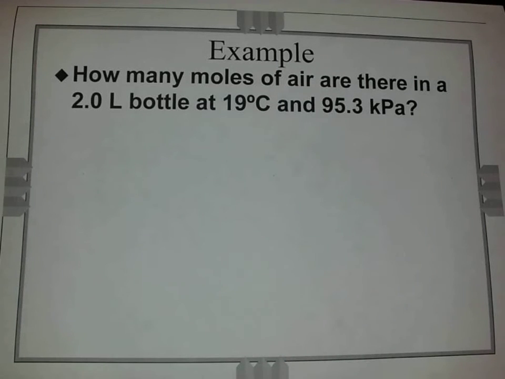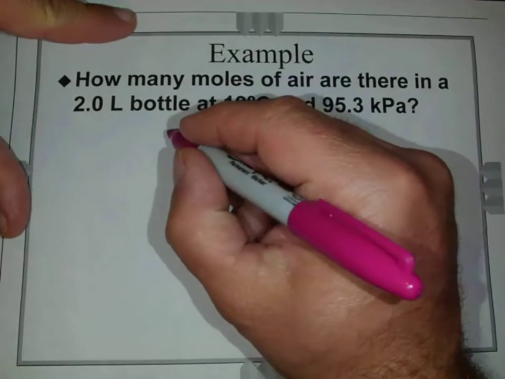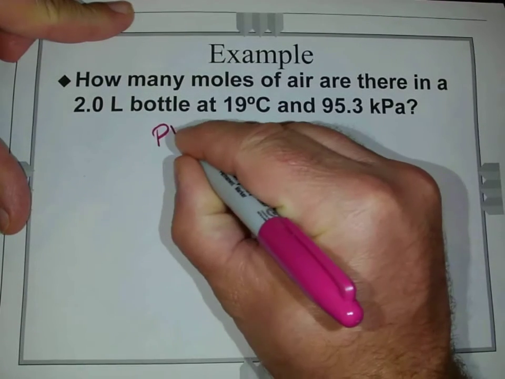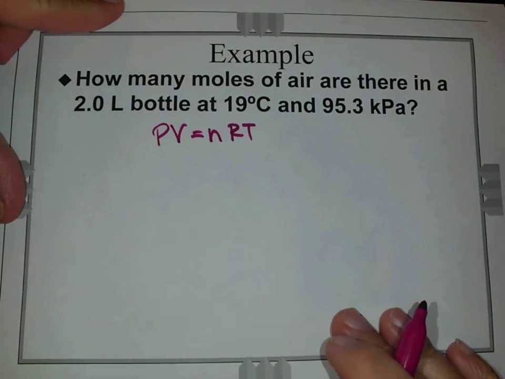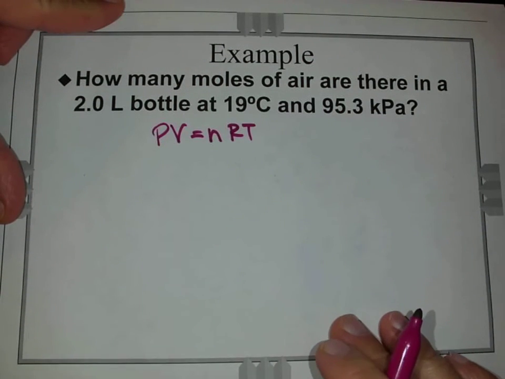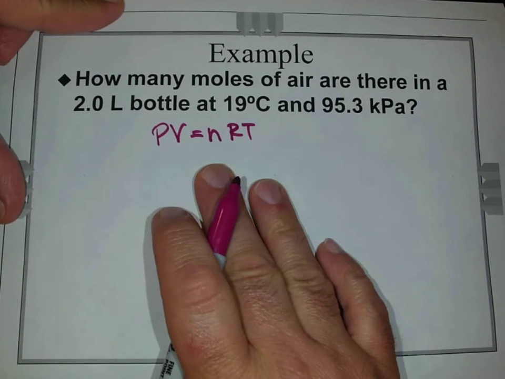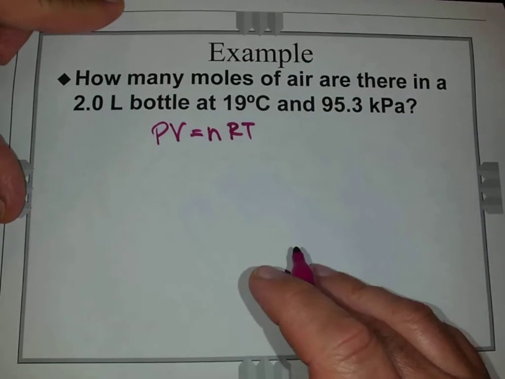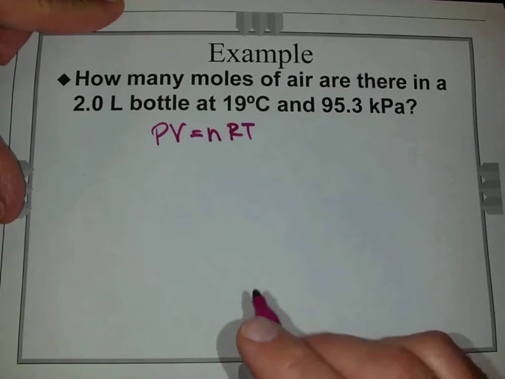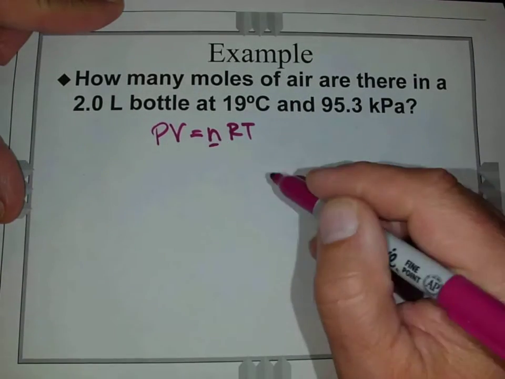Okay, let's see what we got here. We're using the ideal gas law, PV equals nRT. What I like to do is solve for the constant I'm trying to solve for. In this case, we are solving for the moles, which would be n.